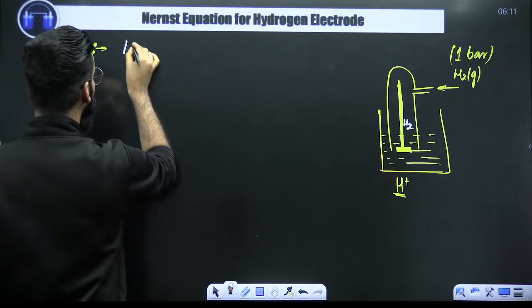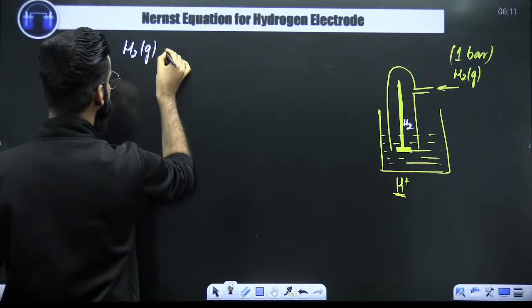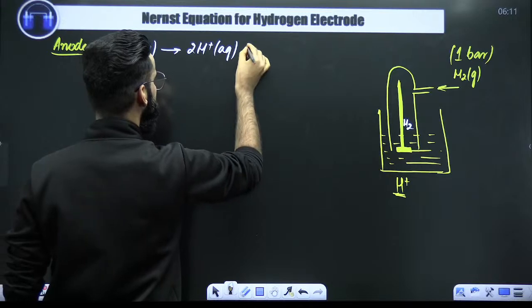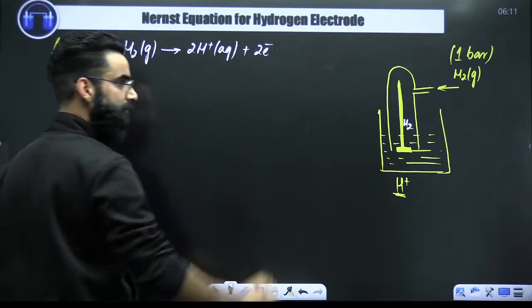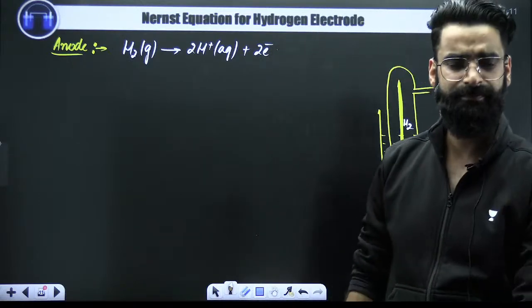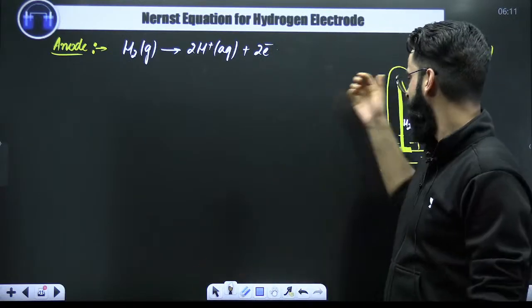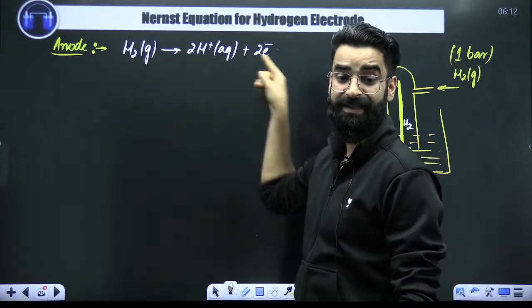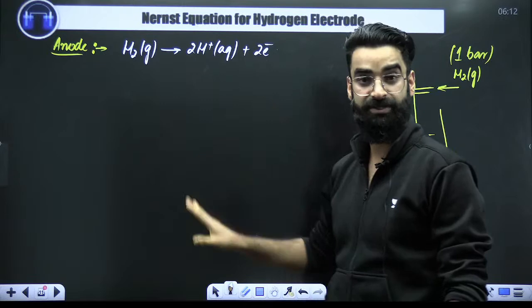When H2 undergoes oxidation, it gets converted into 2H+ aqueous, and with that you'll be getting 2 electrons. This is also something discussed when I taught you the hydrogen electrode formation long back. This is the reaction which I call the oxidation reaction.